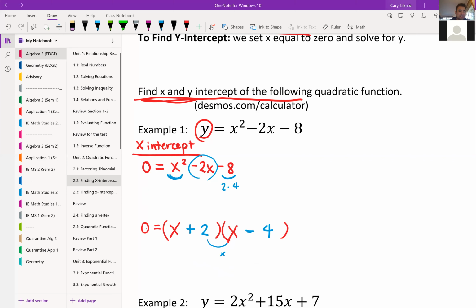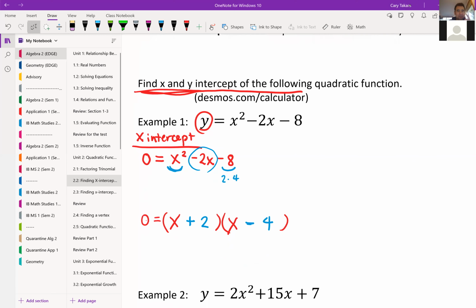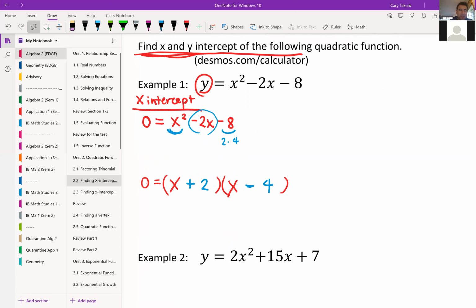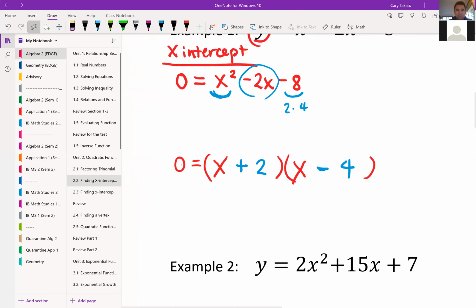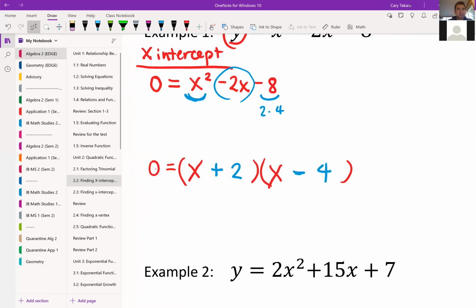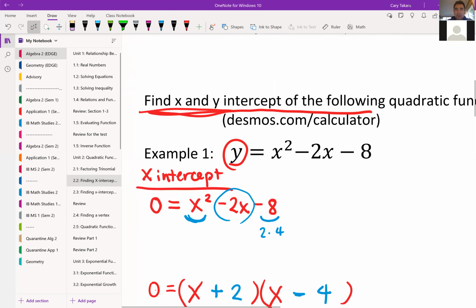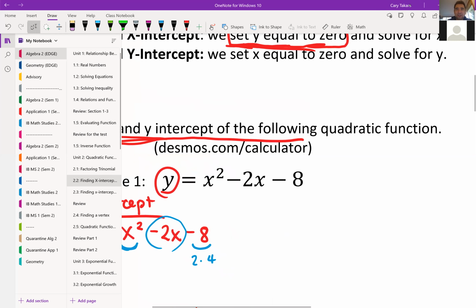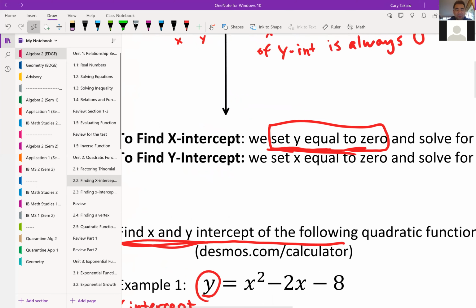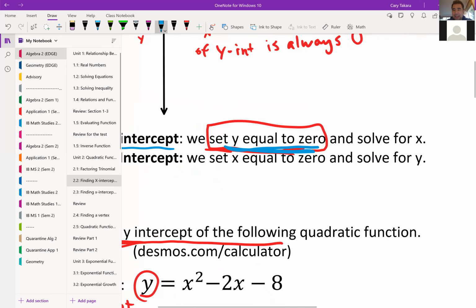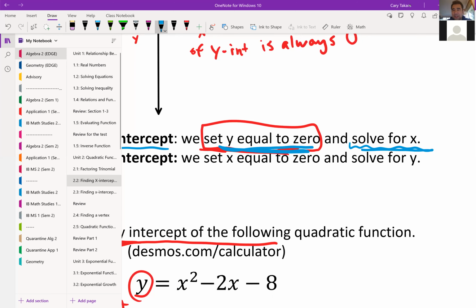So now you factored it, right? Now we're not quite done. We are finding the x-intercept, right? Now, the next step is this. You're solving for x, right? Again, to find the x-intercept, you set y equal to 0, and then you have to solve for x.